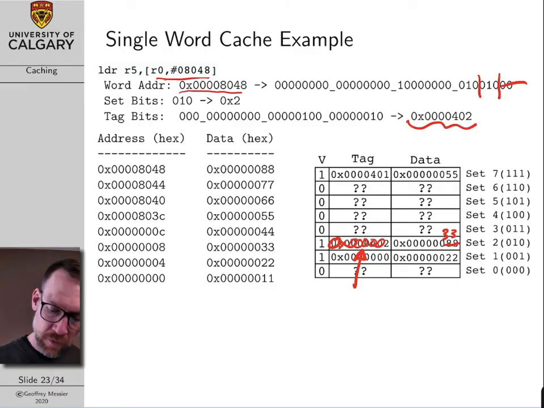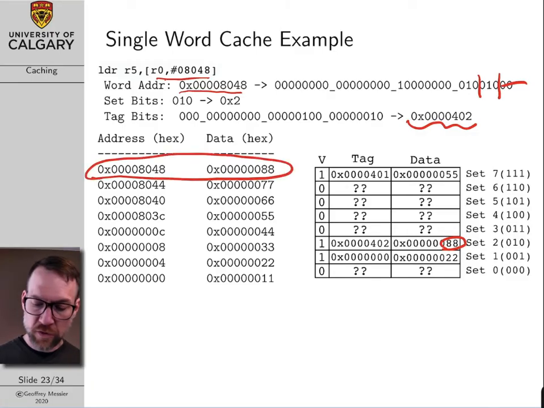And so then what happens is we overwrite the value in set 2 with the memory value at location 8048, and we overwrite with the tag bits that correspond to 8048.